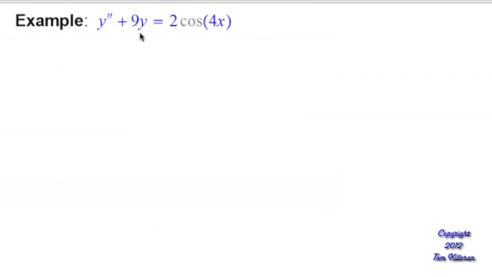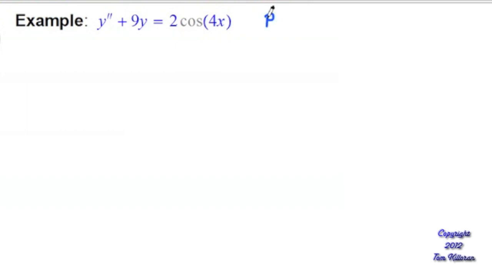And notice this one, the input function is not an exponential, it actually is a cosine function. So one of the first things we're going to need to do here is transform this cosine of 4x into its exponential equivalent using Euler's formula. Now Euler's formula has a sine and a cosine in it, so we're going to have to play around with our answer when we get to it. I'm going to start the same way.